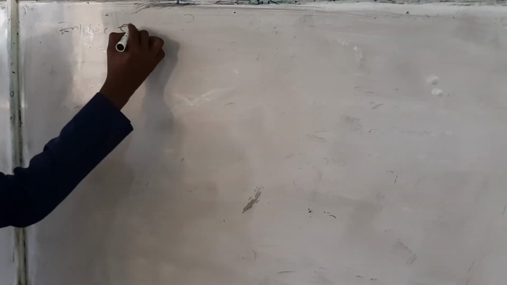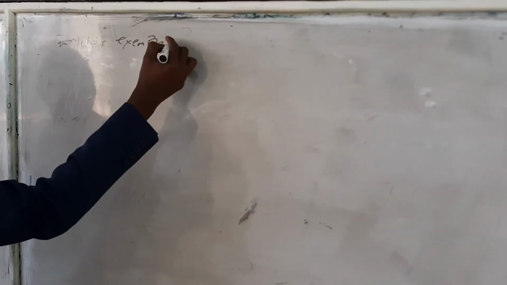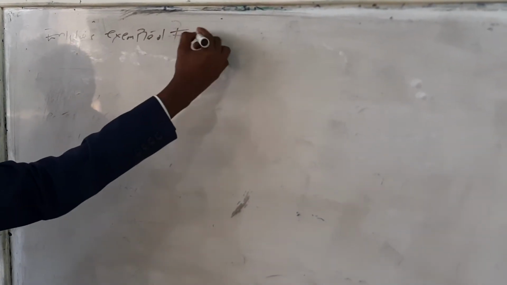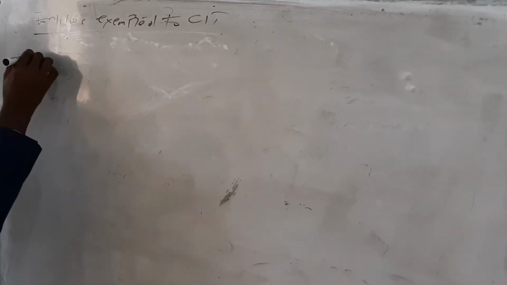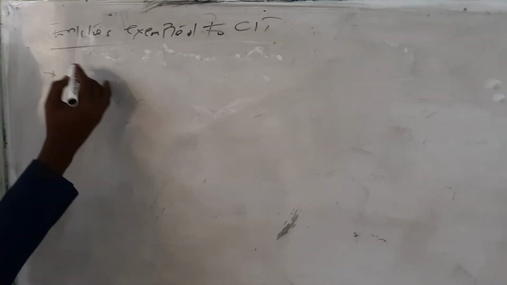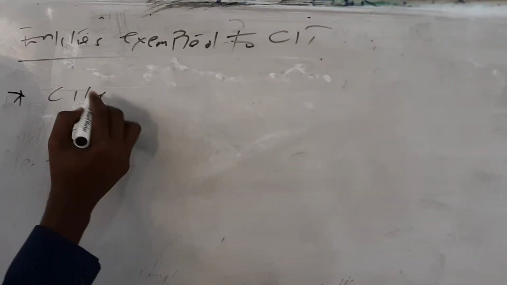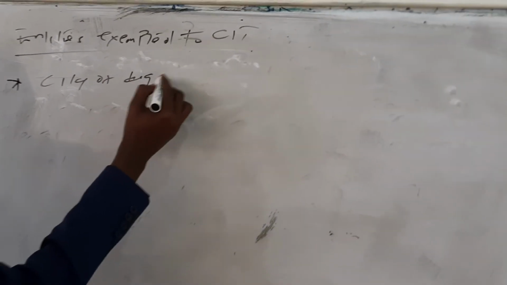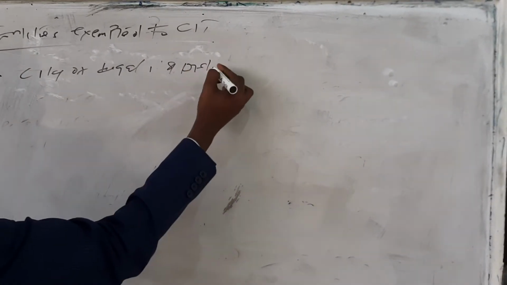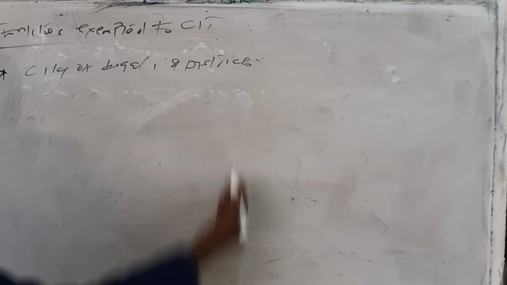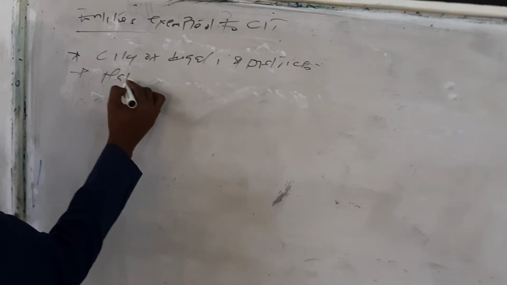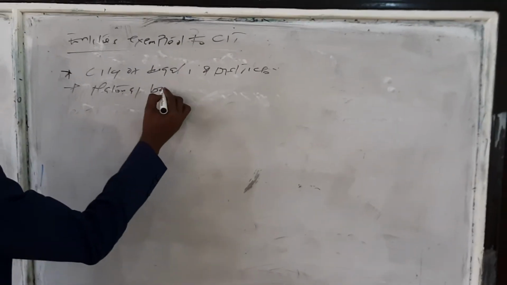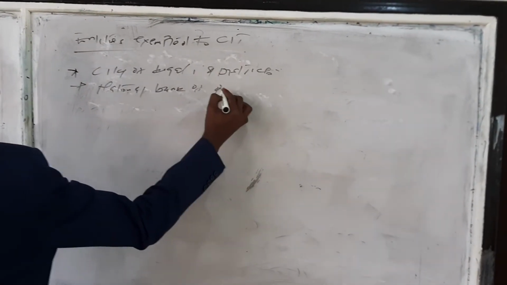Entities exempted from CIT, corporate income tax. Number one, you can talk of the City of Kigali and districts, because they don't do business. You can talk of the National Bank of Rwanda.